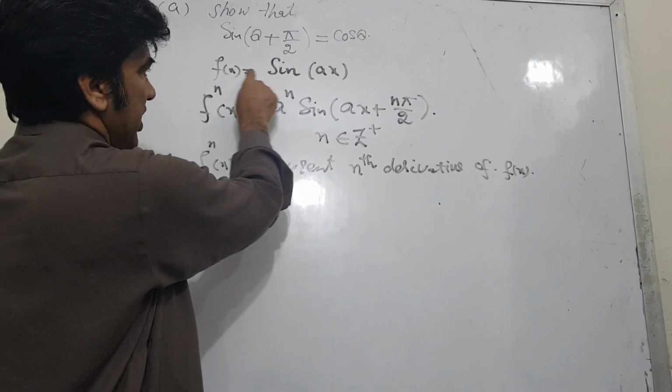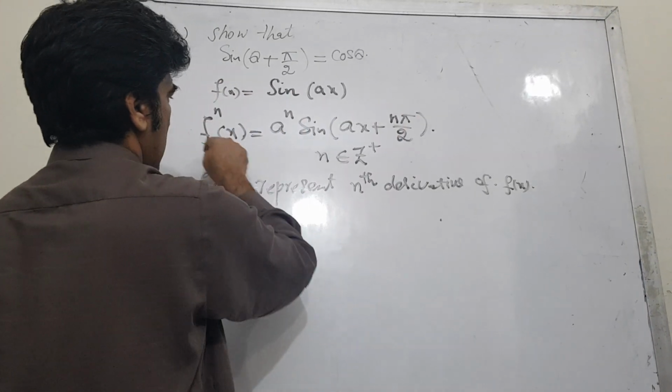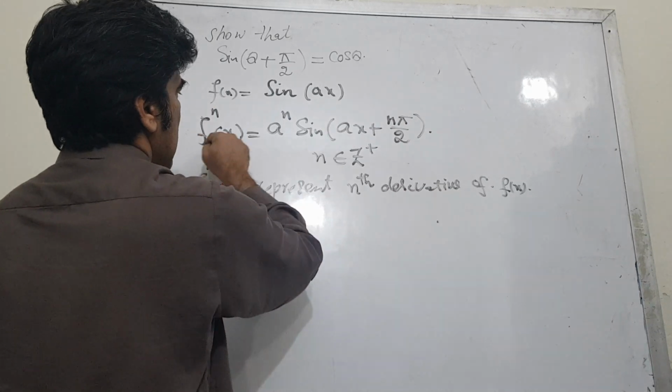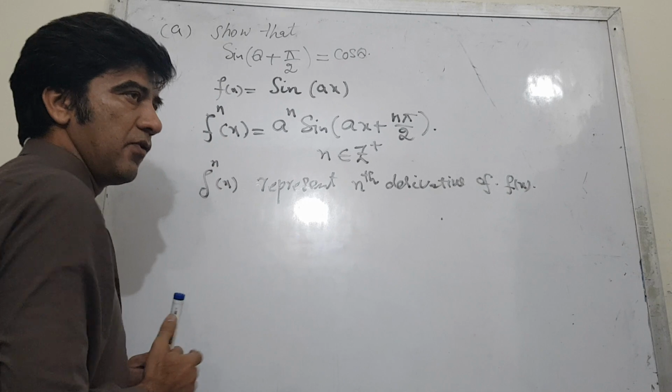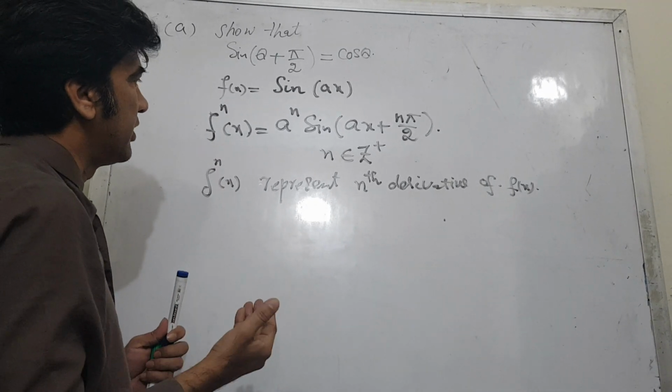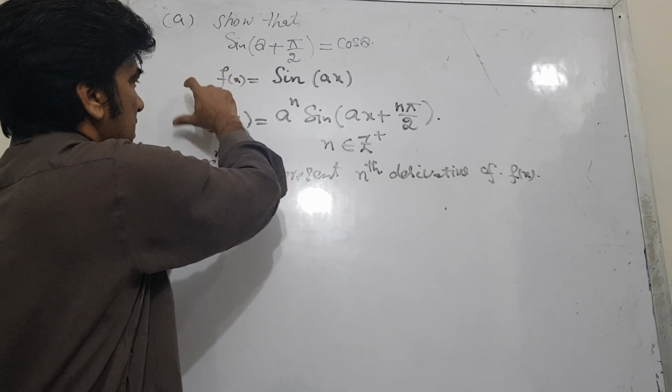If you take the nth derivative of this function, you will have this type of formula. This is the generalized form of the derivative. Either you take 1 time, 2 times or 3 times, whatever the value of n, you can get the derivative of this in this form.